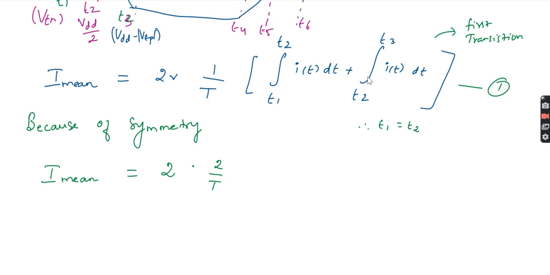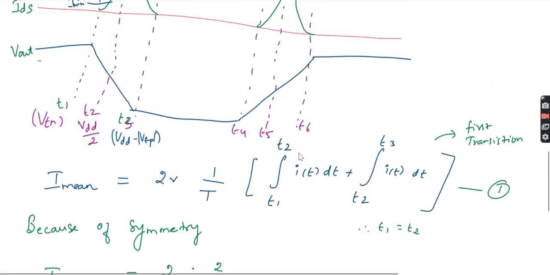T1, T2 we can see in this graph, T1, T2, and T2, T3 is symmetric.